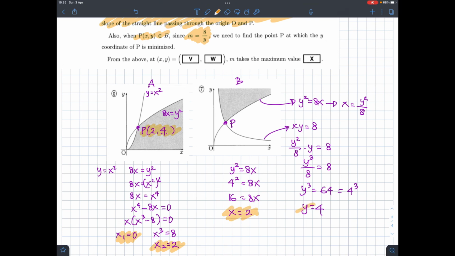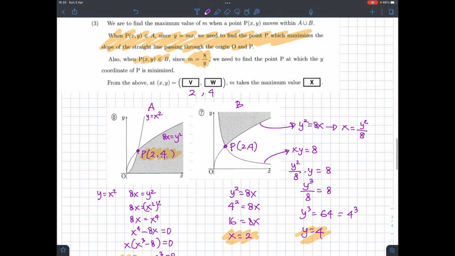So we got the point P as (2, 4). Actually this is exactly the same as this one. So from the above x and y we got (2, 4), and the maximum value M.